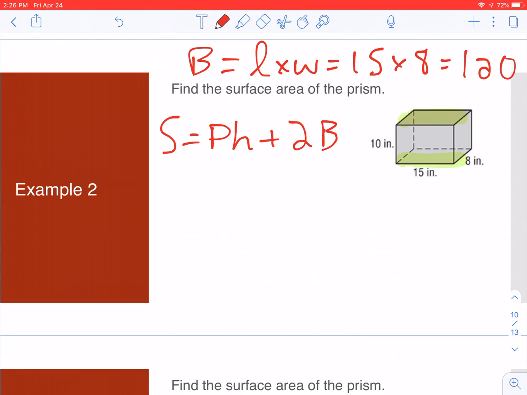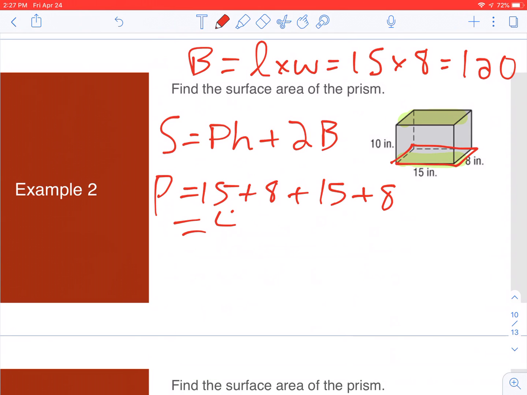So I found my base. Now I need to find my perimeter. My perimeter is 15 plus 8 plus 15 plus 8. All around here is the perimeter. We could call it the perimeter of the base if you want. If I add all those up, I get 46.